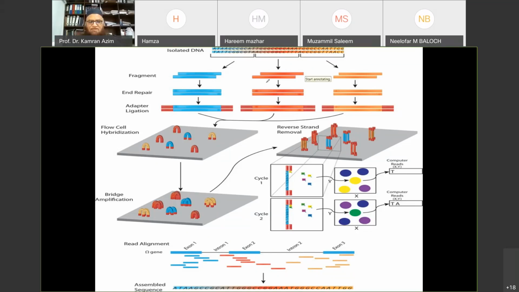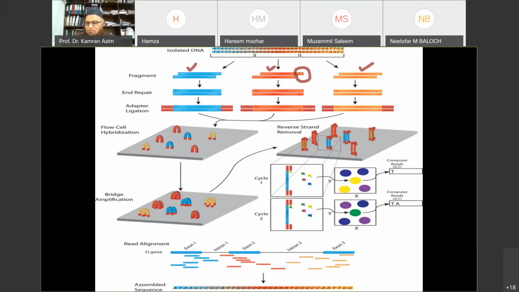We take the DNA and then we fragment the DNA. One DNA molecule is fragmented into three: one DNA, another DNA, and the third DNA. When DNA is fragmented, there are many DNA molecules with single-stranded overhangs.